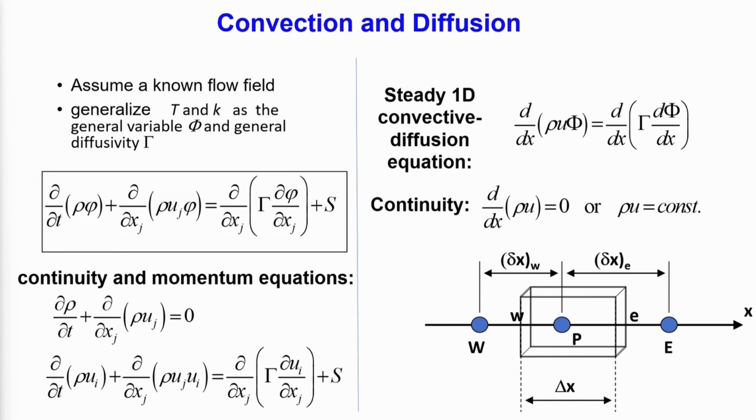That means that you can cast the general equation, and we have seen how this can be derived from the basic conservation principle, in this form. The velocity is of course to be solved from the continuity and momentum equations, and we will assume that they are solved, and therefore, in the equation written in the box, velocity is known. So, the problem that we are trying to address is, if u_j is known, then how to solve for phi.